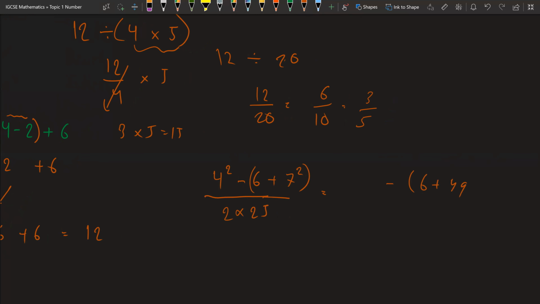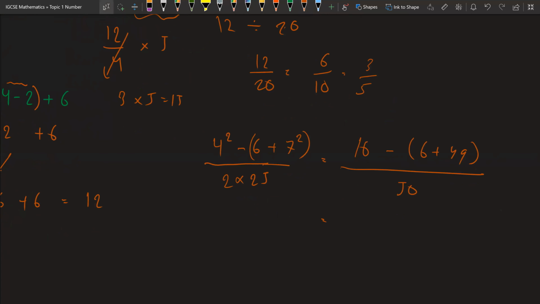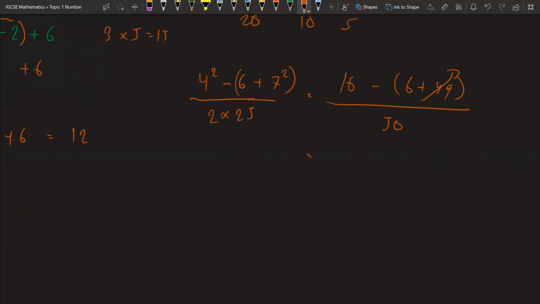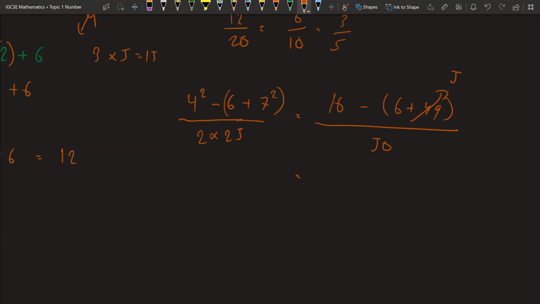Could write this as 16. And this 49 plus 6, I get 55. 16 minus 55 divided by 5. This I would get 39 over 50. And that's how you do the order of operation.